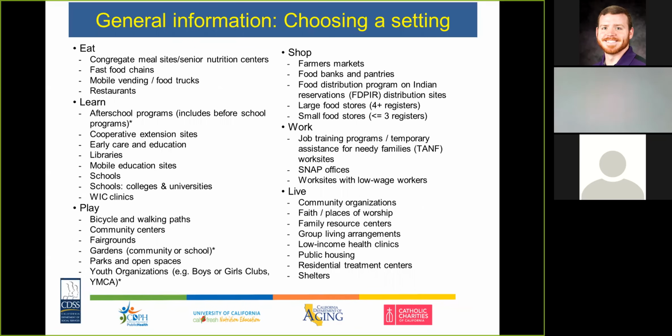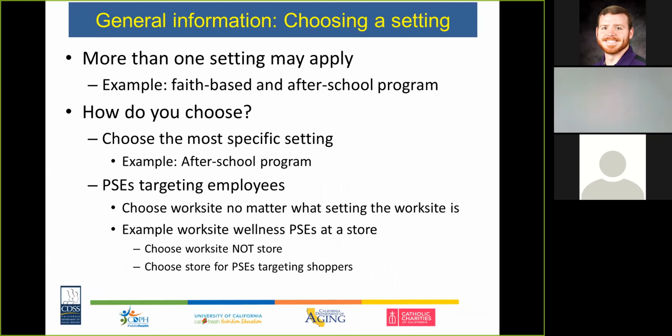Okay, so remember that you're going to enter both an intervention name and a setting. This gets to where we were talking about how to select a setting. It may be the case in your work that it seems like more than one setting could apply.